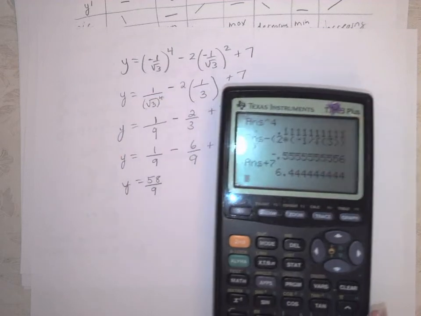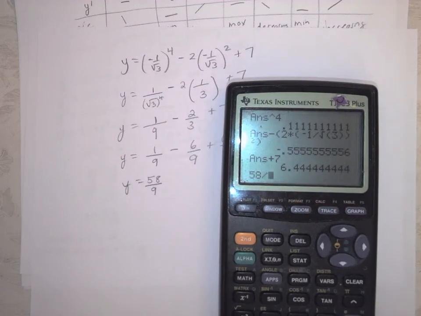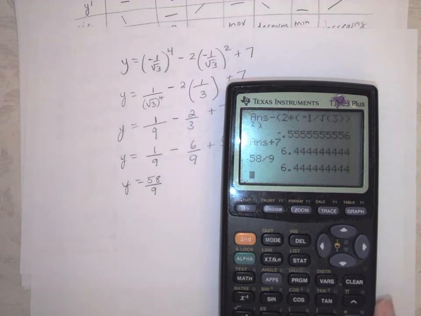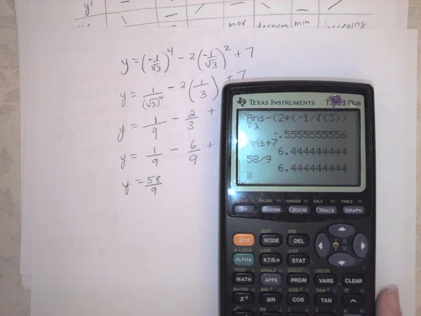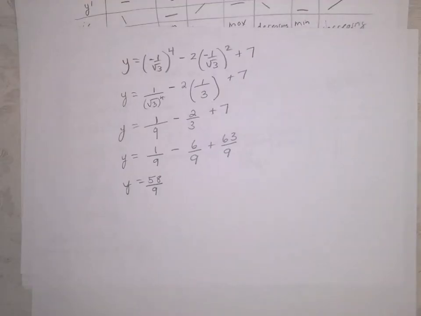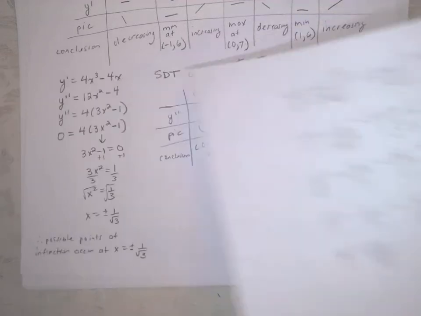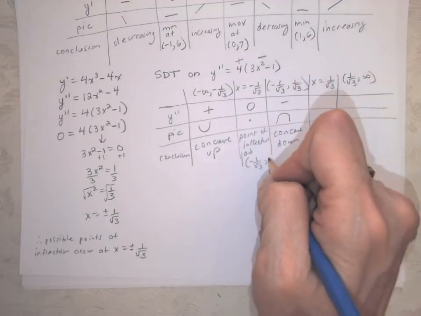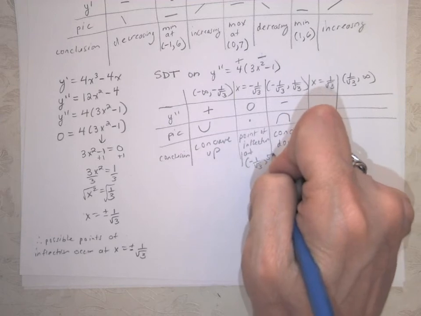So that's the decimal we would get, and 58 over 9 is also the same. Okay, so we know we're right. So we know that we have our point of inflection at -1 over root 3 and 58 over 9.